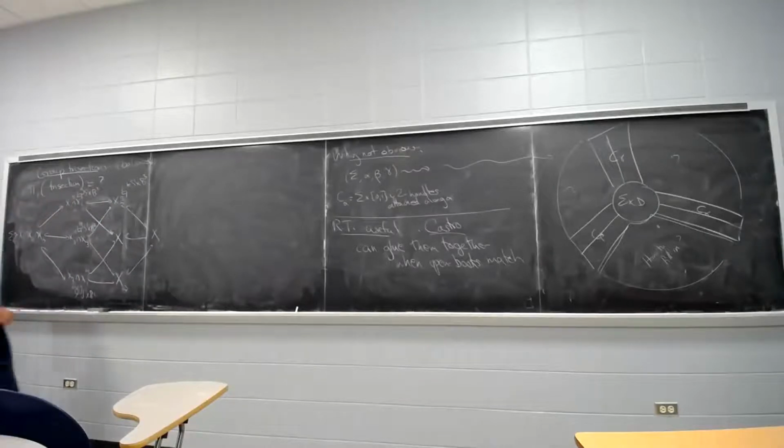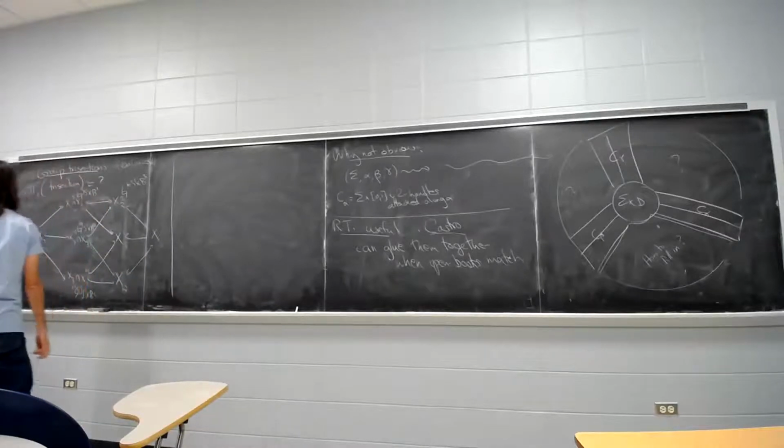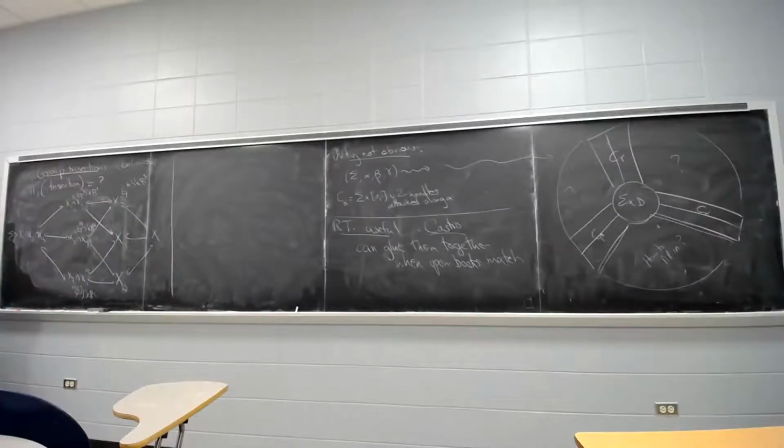And so when you apply π1 to everything, let me see how to say this. So if I apply π1 to everything, then I get a group here that is isomorphic to the standard surface group, and a group here that's isomorphic to the standard free group, and a group here that's isomorphic to the standard free group on g generators.